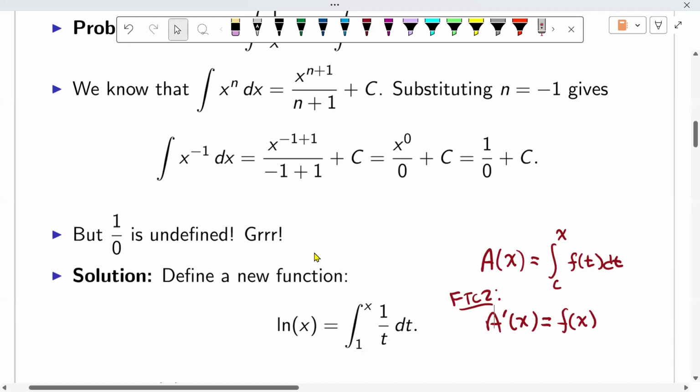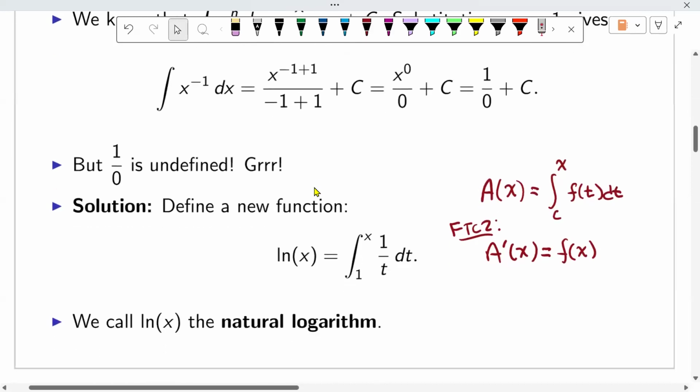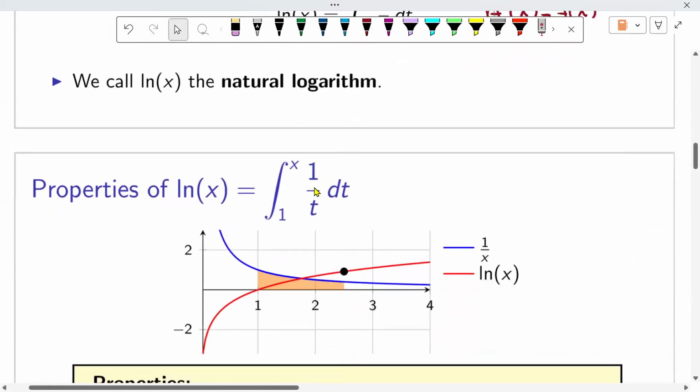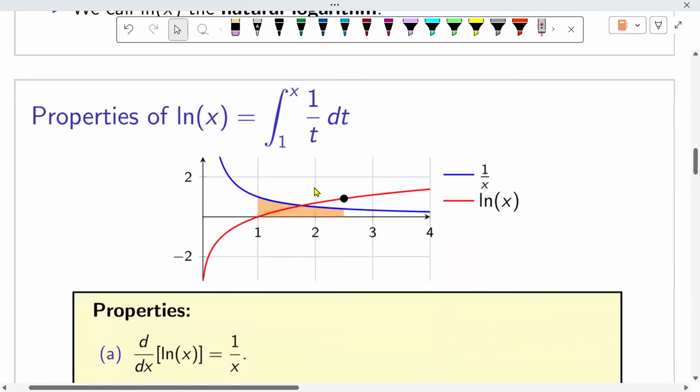And so when we look at this natural logarithm function and we take its derivative, one of the things we'll find is that we can use that fundamental theorem of calculus part 2. The derivative of this area function is just the function that we were integrating in the first place. And so for this problem, the derivative of ln of x is 1 over x.